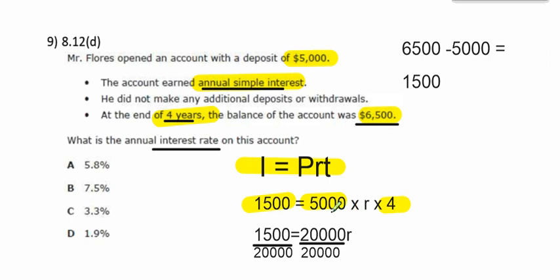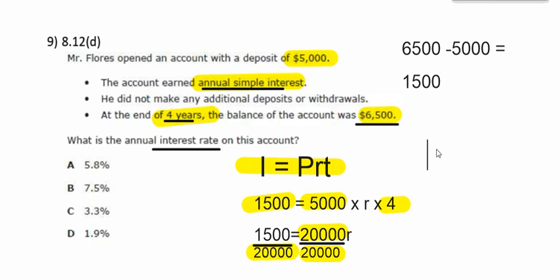So I'm going to do the 5,000 times 4. And that gives me 20,000. And so now it's a one-step equation because it's 20,000 times R. So I'm going to divide both sides by 20,000. It's a little bit of a tricky problem.